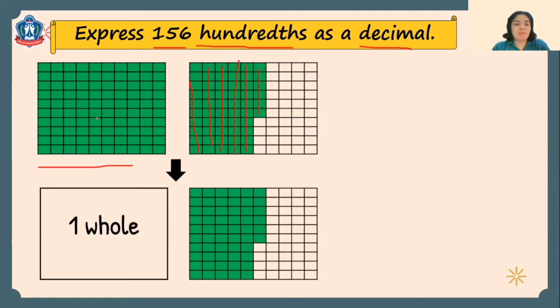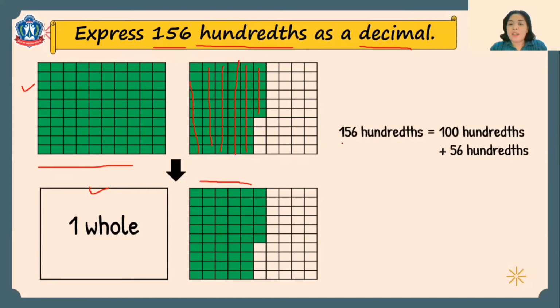The 100 here is equal to one whole, right? Remember, 100 hundredths is equal to one whole, and the remaining is 56. Therefore, 156 hundredths is equal to 100 hundredths plus 56 hundredths.